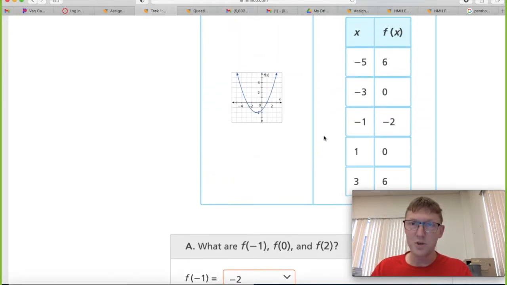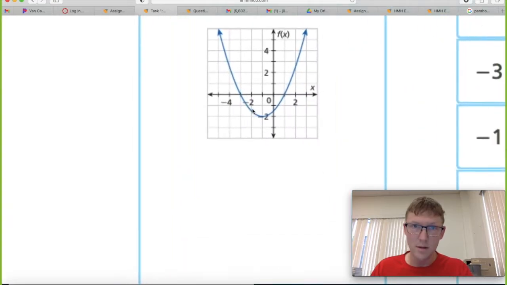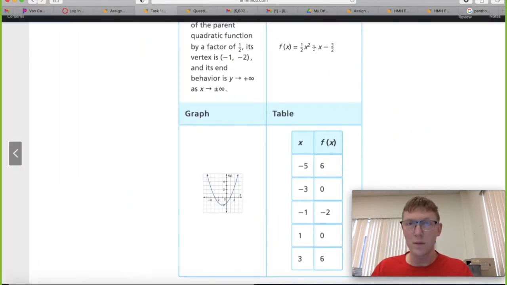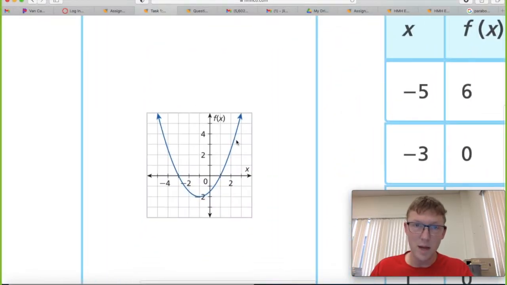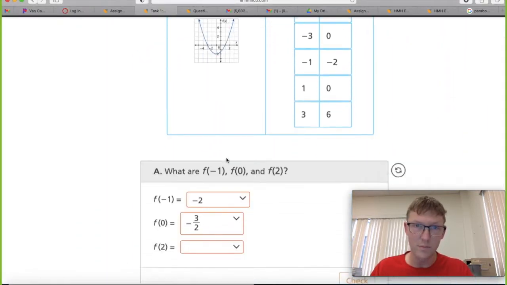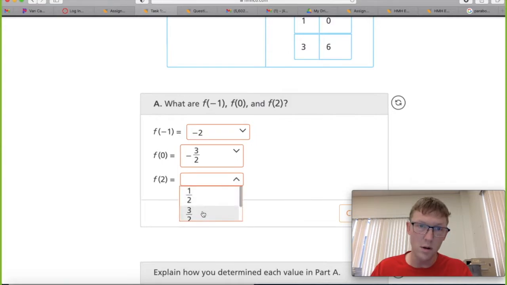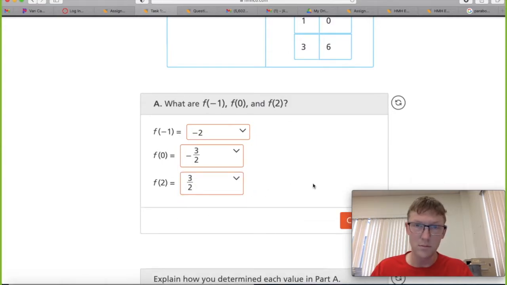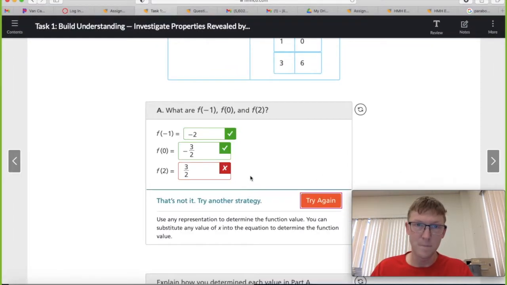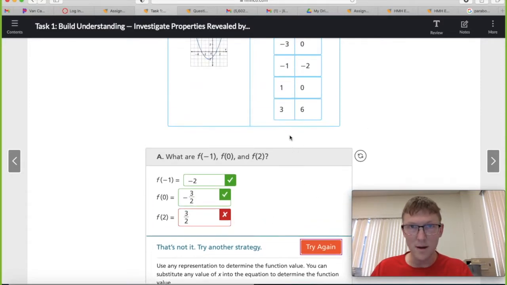And then f of 2: when x equals 2, we can follow it up here, and it's right in between the 2 and the 3, or we can plug it into here. But either way, it is 2.5 or 3 halves. Wait, what? Okay, fine. f of 2.